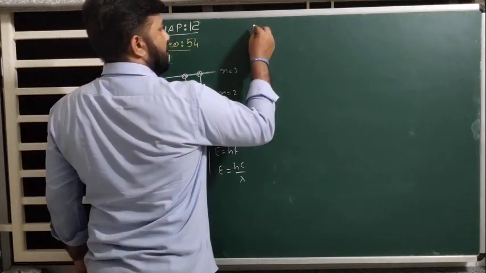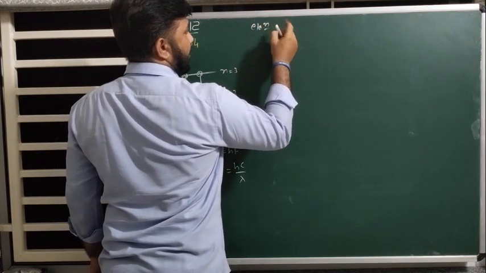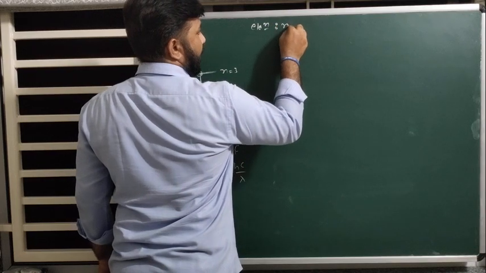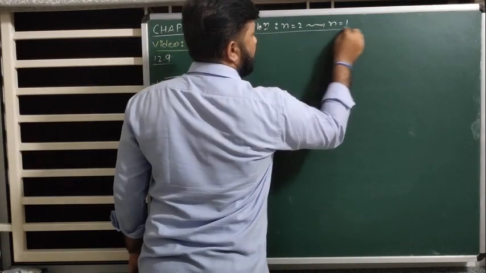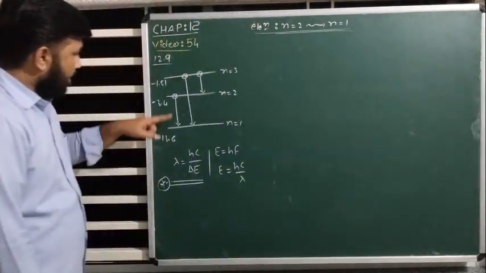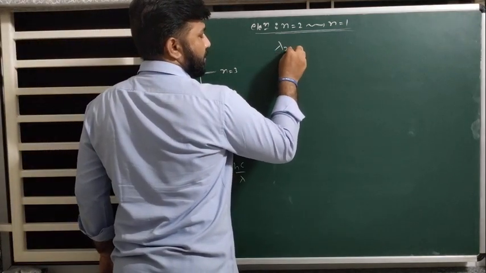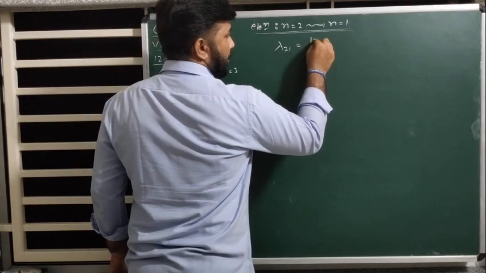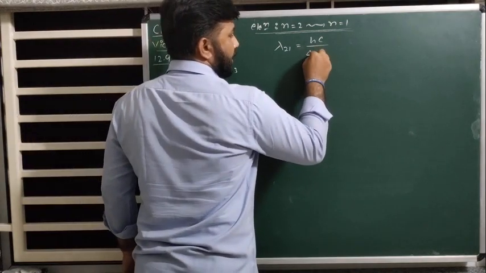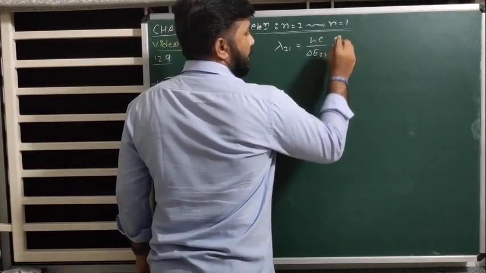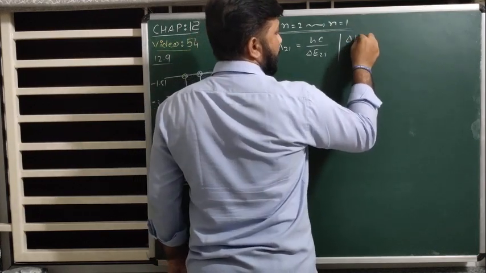Now, let us take the first transition, from n is equal to 2 to n is equal to 1. The electron transits from n is equal to 2 to n is equal to 1. So this is the first possibility. Same equation: lambda for transition 2 to 1 is equal to hc upon delta E. First, let us see what is delta E 2 to 1.